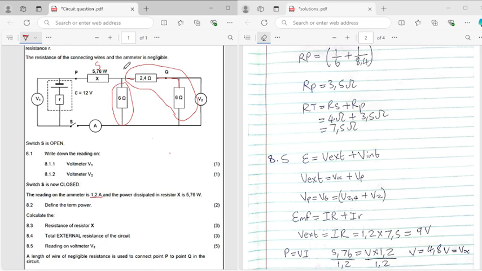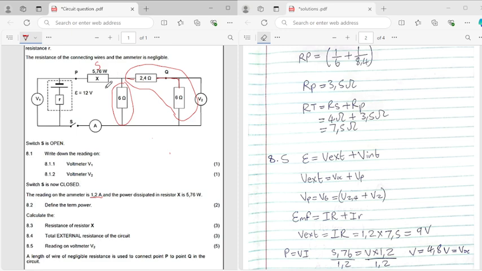We'll find a way to get at least something from here. So far we know that we have this current of 1.2 amps, and for this resistor we know the current passing through it and its resistance, so we also know its power. So this is what I suggest we do.